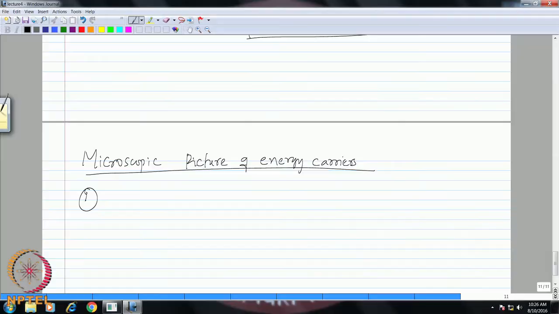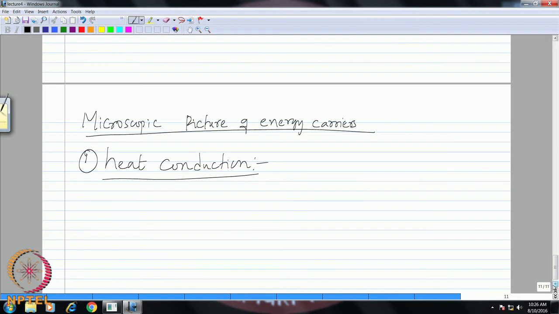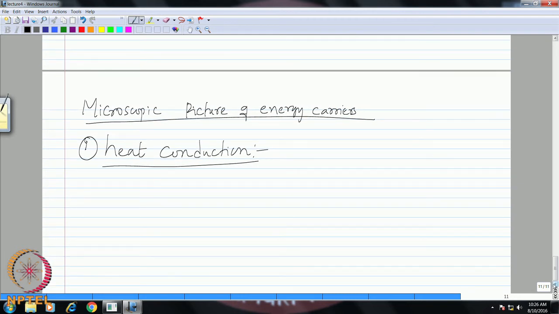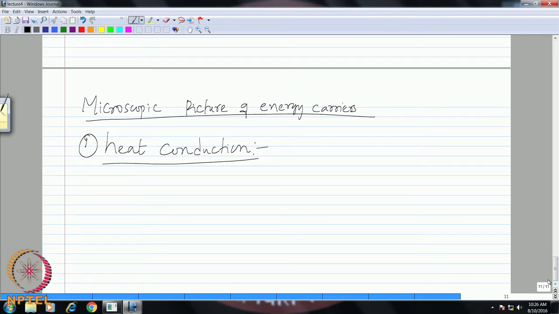If you take for example heat conduction, we talked about Fourier, we derived the governing equation for heat conduction and also the closure using Fourier's constitutive law. But what is happening essentially at the micro scale?